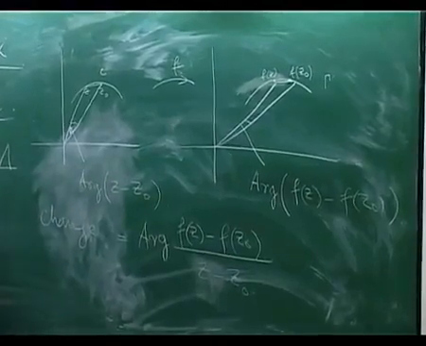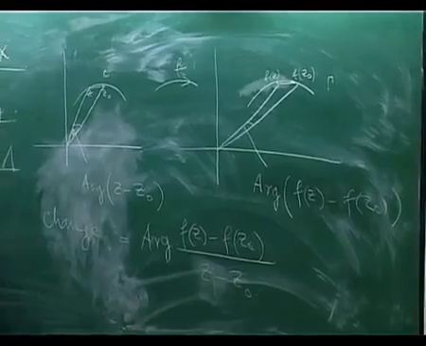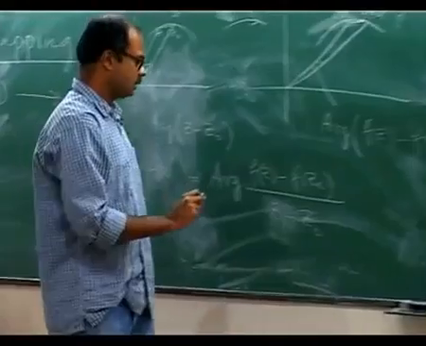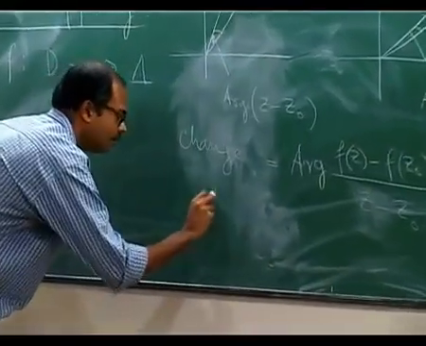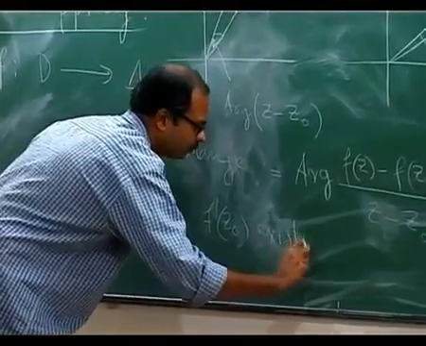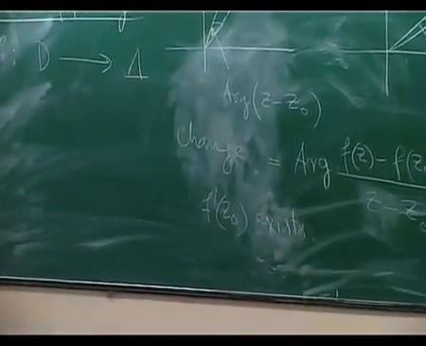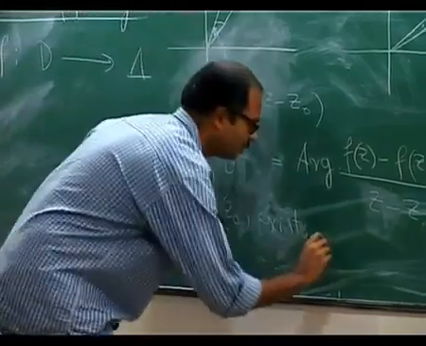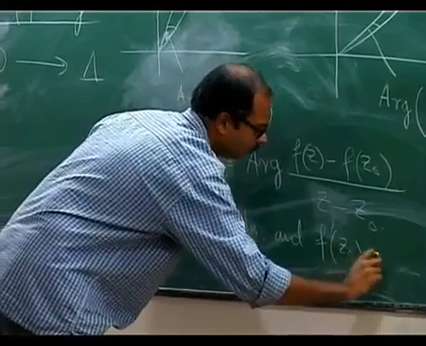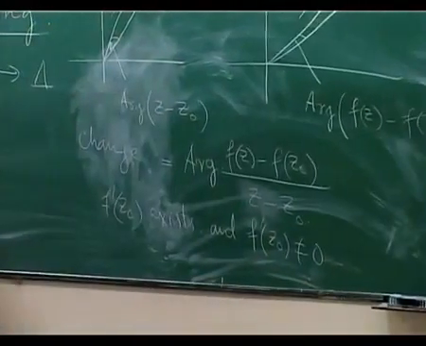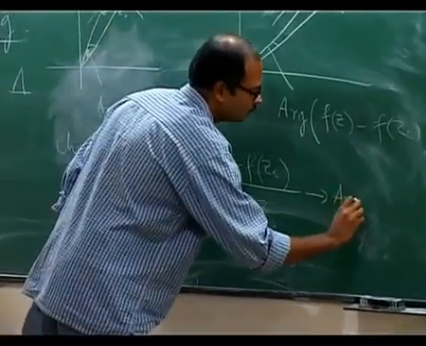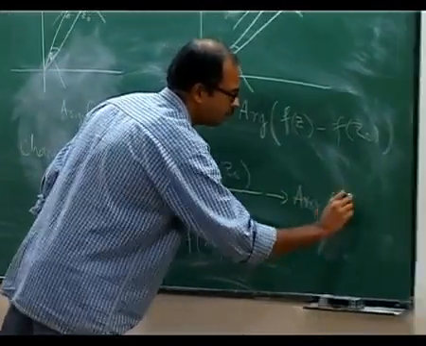So now, suppose this f prime z exists. If the derivative exists and the derivative is non-zero, then this thing will go to the argument of just f prime z.